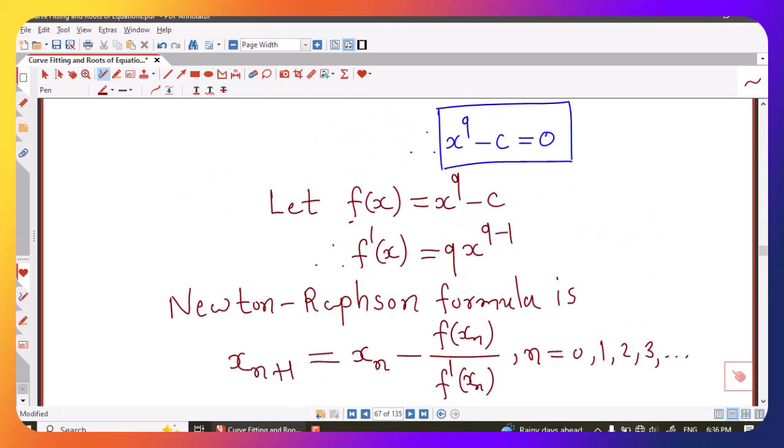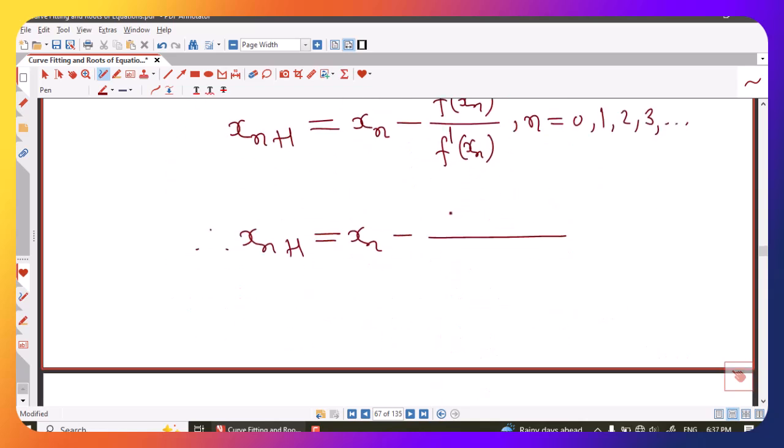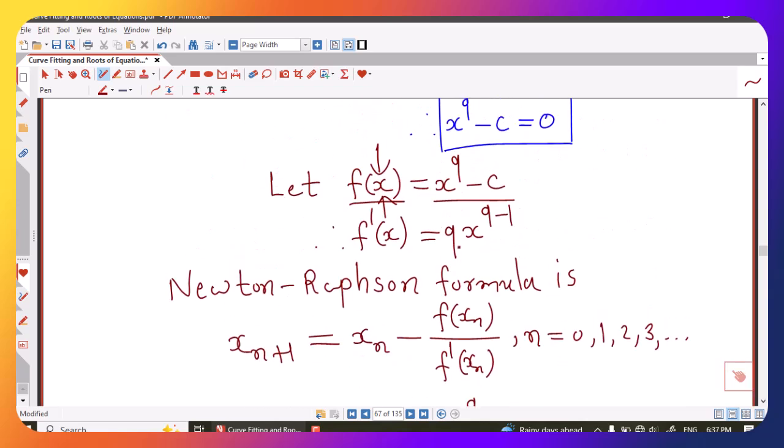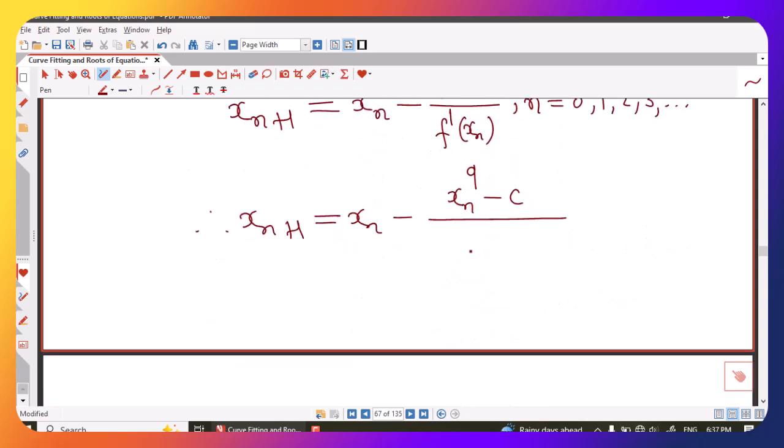The value of the function at point x is x raised to q minus C. Therefore f of xn will be xn to the power q minus C, and f dash x is q x raised to q minus 1. So f dash xn will be q times xn to the power q minus 1.